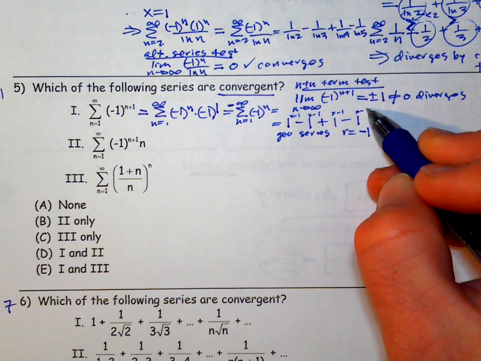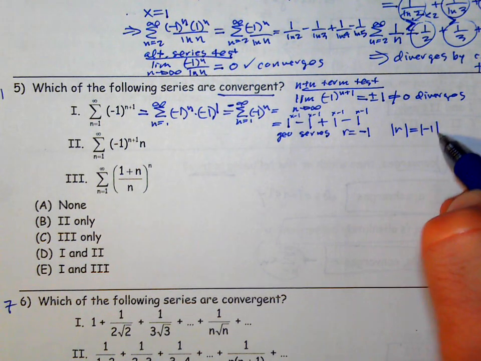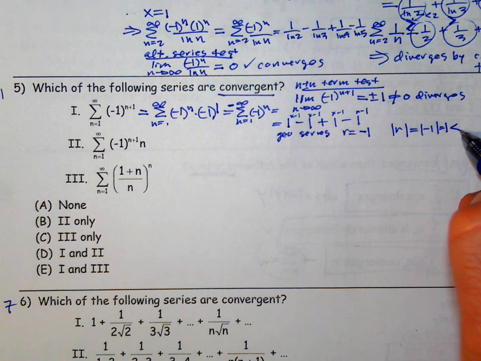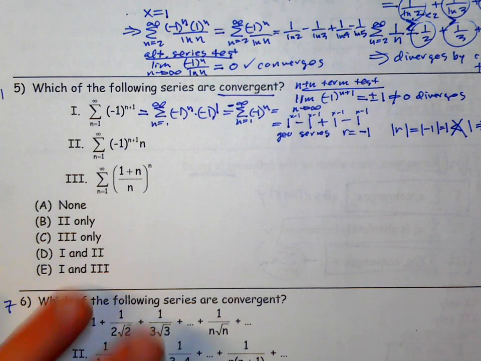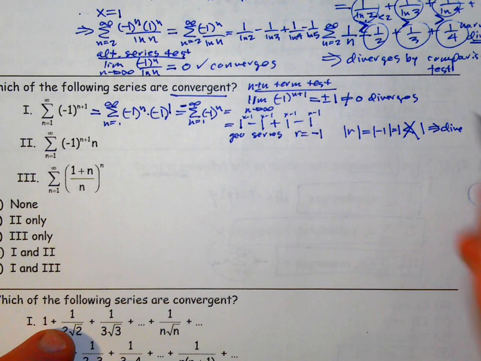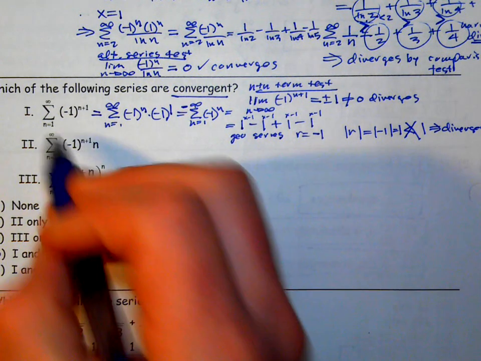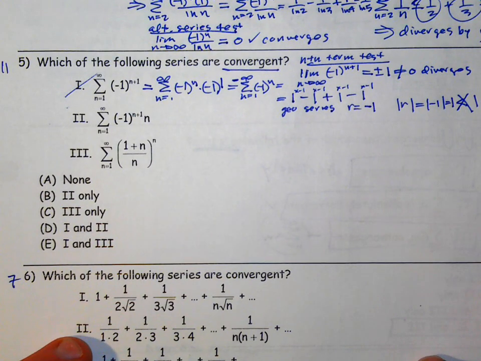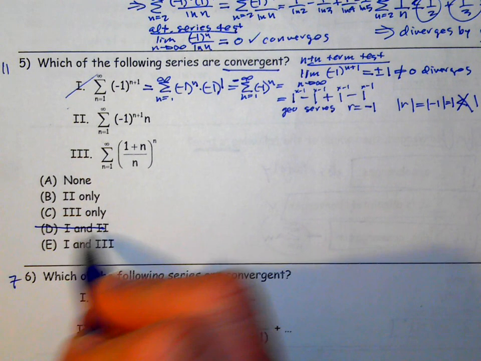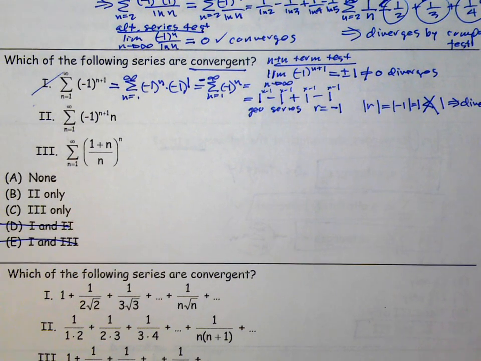So the absolute value of R, the absolute value of -1, is 1, which is not less than 1, and so it diverges. So you could use a geometric series test, but I think nth term test was the easiest. Okay, so that one's out. So just by process of elimination, you could get rid of answers D and E if you really had to. If you weren't sure, you just made your chances better.